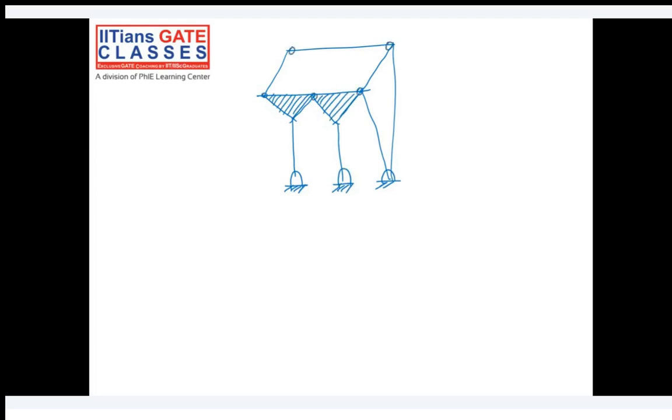So this is the first link, which is fixed. The second link is a tertiary link. This is your third link. This is the fourth link, again tertiary. Fifth link, sixth link, seventh and eighth.